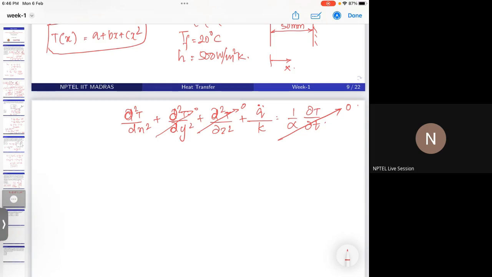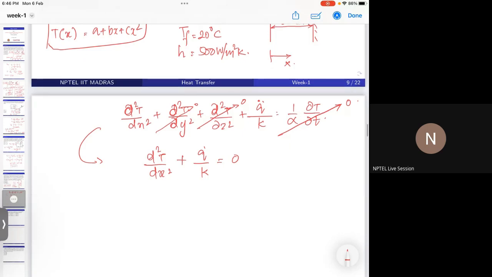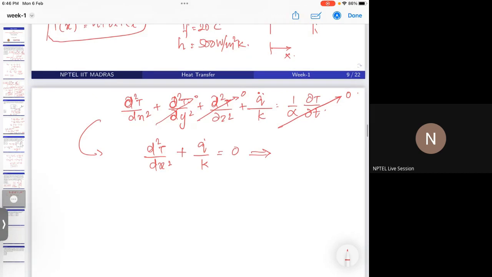So our governing equation reduces to d square T by dx square plus q dot by k equal to 0. As the temperature is only a function of one variable, we can replace the partial derivative with the ordinary derivative, that is d square T by dx square plus q dot by k is equal to 0. So this is the governing equation for this case, and this is our starting point.